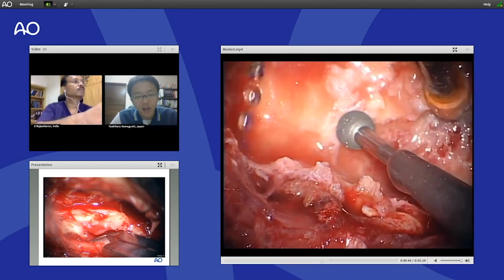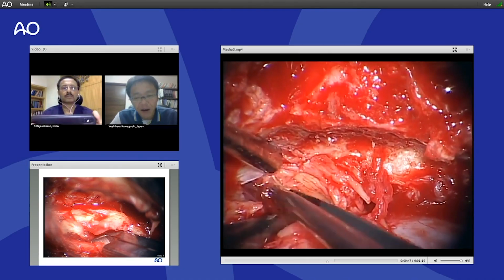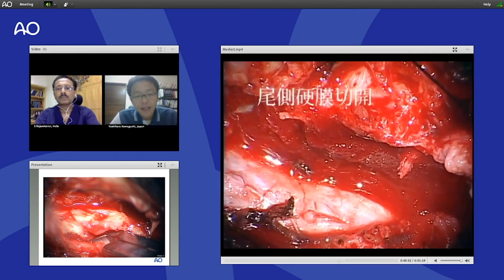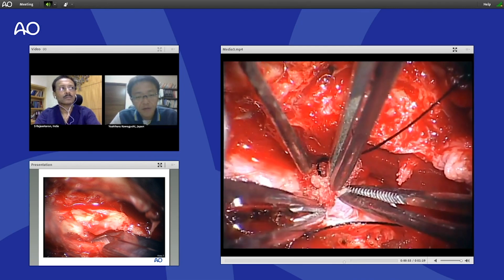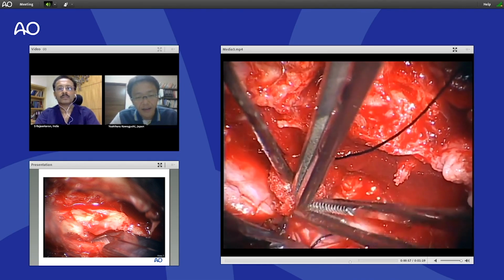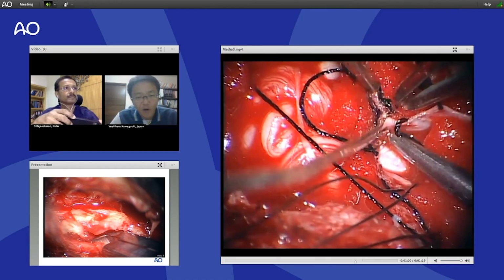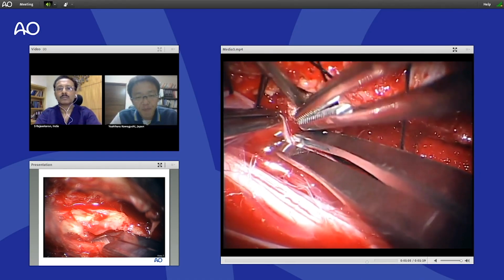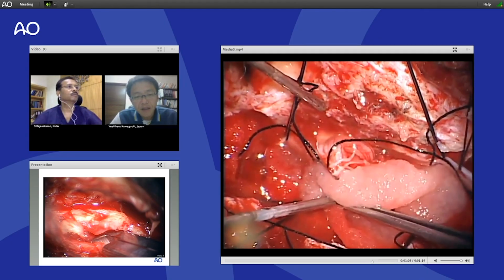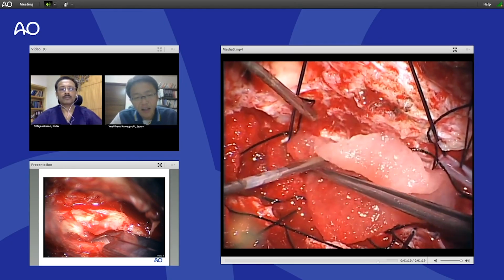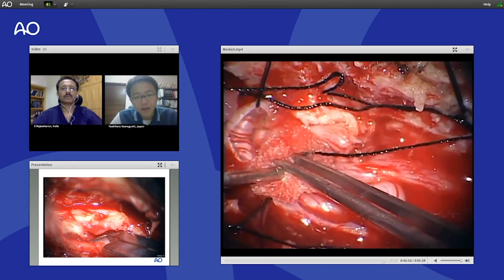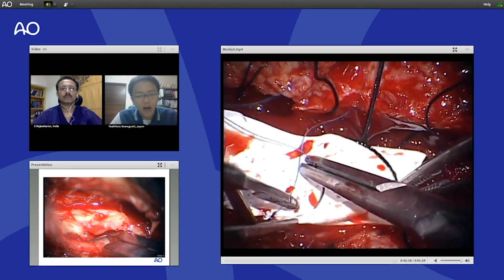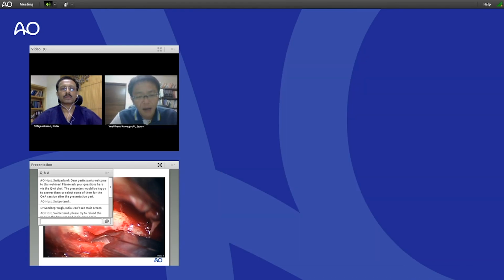So the surgeon tried to make a bigger hole with the diamond bur and cut the dura mater again and tried to insert the cauda equina into the dura. Try to clip. However, in this case, it is impossible. So the surgeon tried to use artificial dura mater.